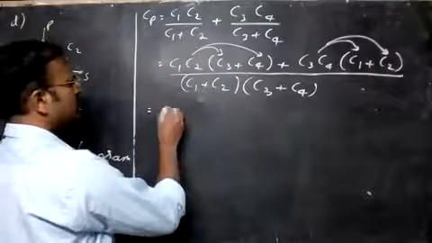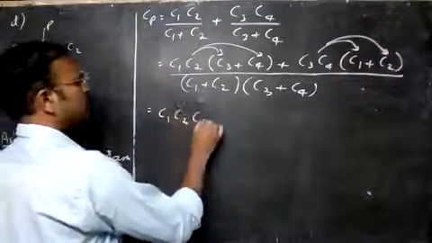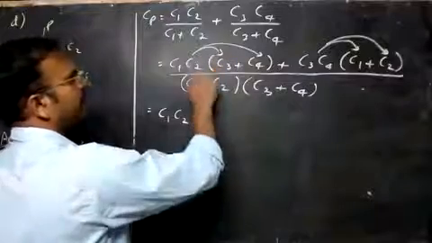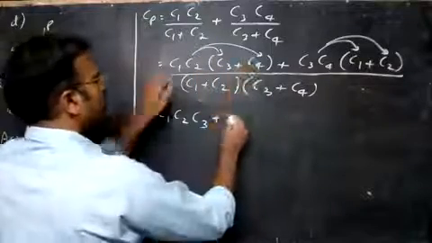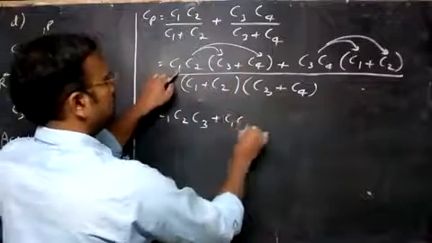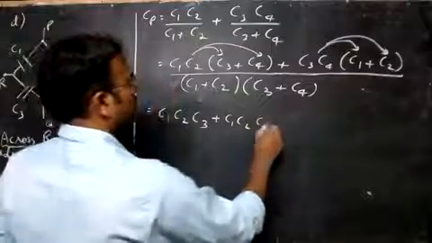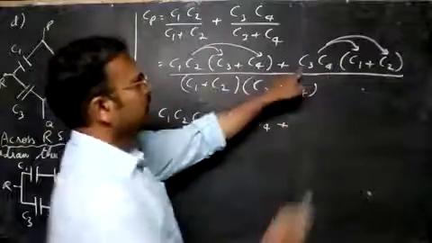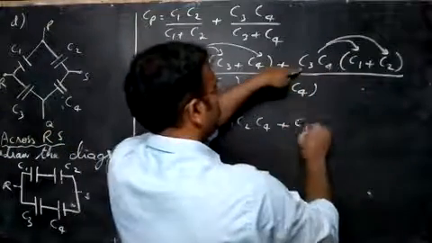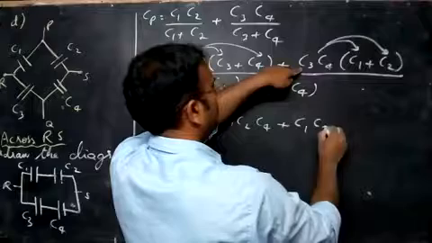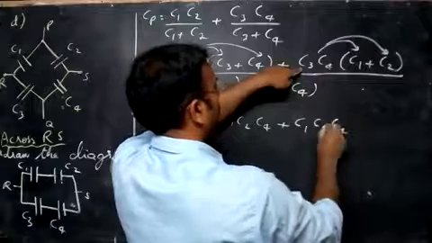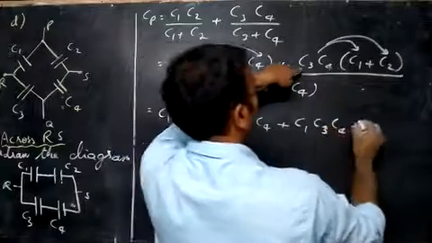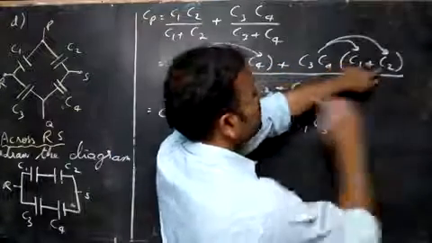So what we get here is C1 C2 C3. Then the next one will be plus C1 C2 into C4, so C1 C2 C4, plus this one, C1 C3 C4, plus C2 C3 C4.